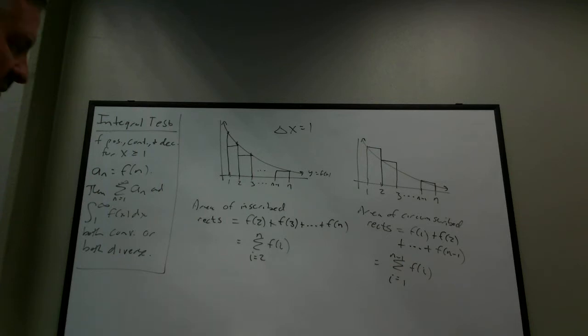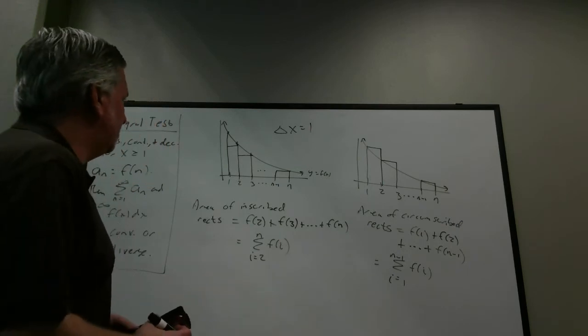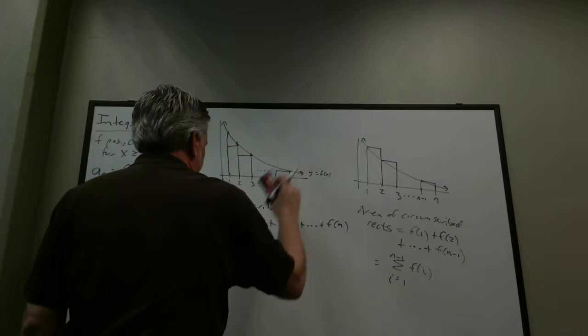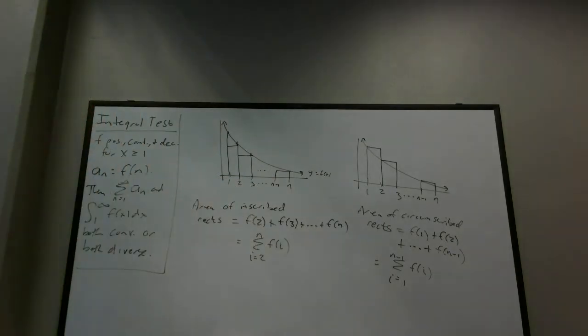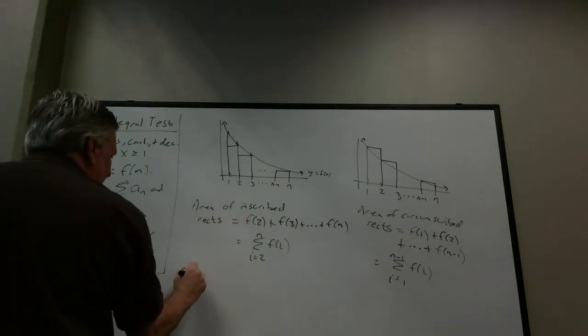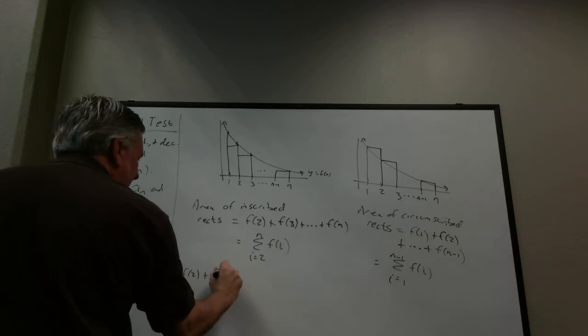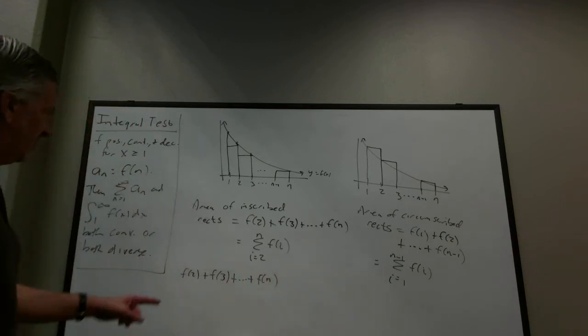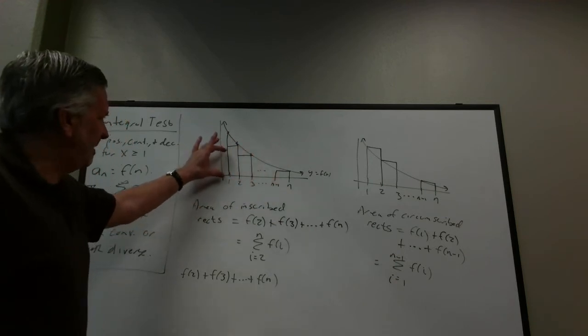Okay, so now how does this relate to the definite integral? So this right here, this f of 2 plus f of 3 plus dot dot dot plus f of n. Notice that's the area of the inscribed rectangles.